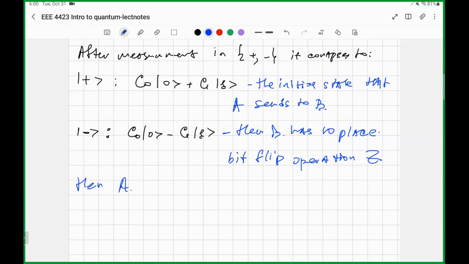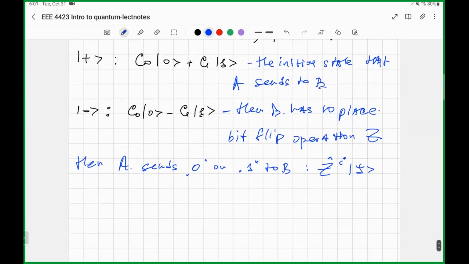Alice has to send either 0 or 1 to Bob using the classical channel. And then Bob applies this Z operation to the power of i, where i is either 0 or 1. If it's 0, then there is no need for Z correction. If it's 1, Bob needs to correct the phase at his end.